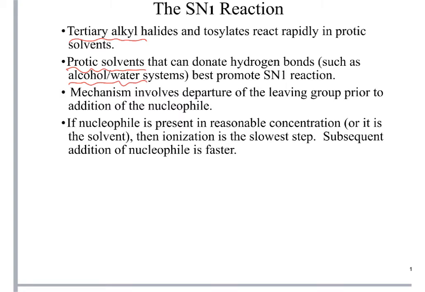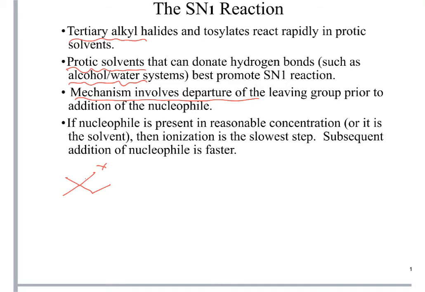And water increases the polarity of the solvent, whereas alcohol provides the organic component, since you cannot dissolve organic substrate in pure water. The mechanism follows a two-step pathway, with the rate determining step being dissociation of the leaving group.